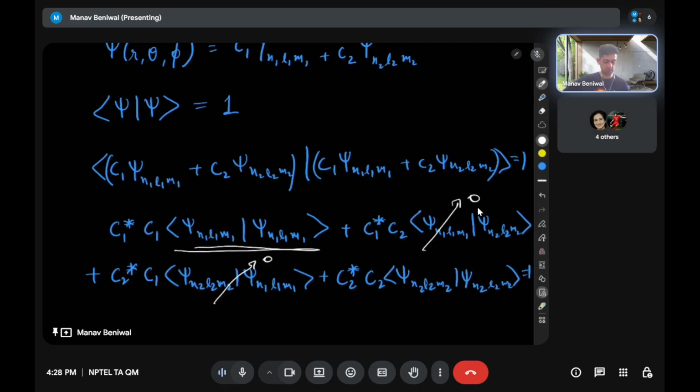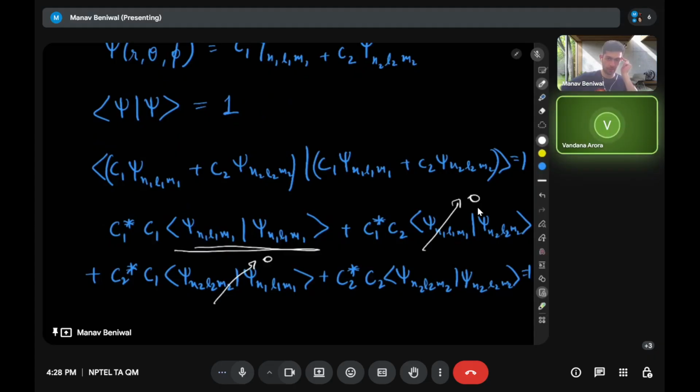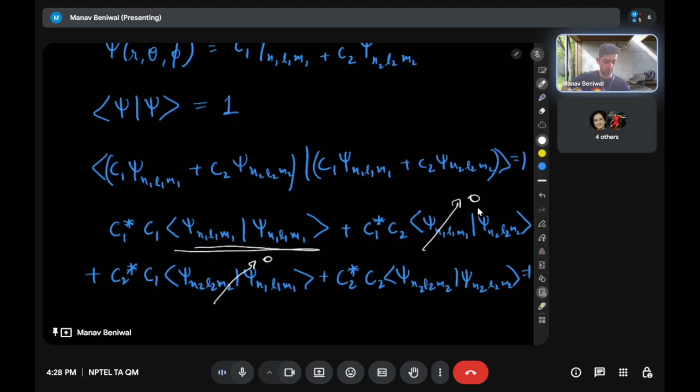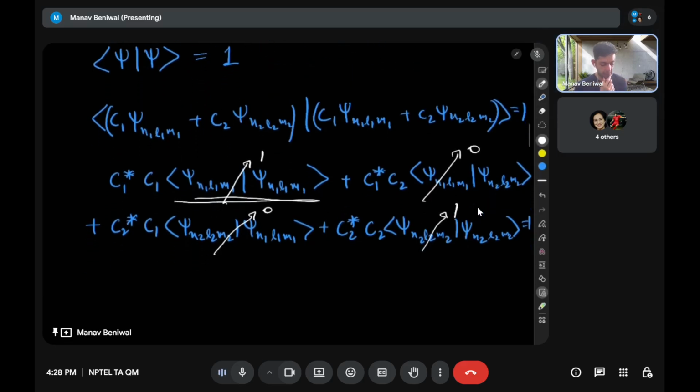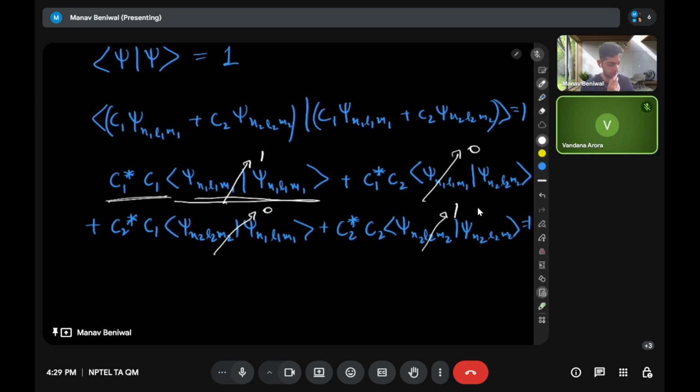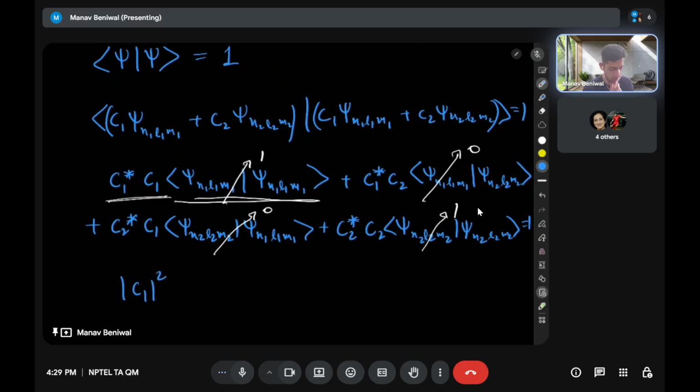What about the first and the fourth term? Normalized wave functions, this is 1 and this is also 1. Yes, because it is given that they are normalized. So this term goes to 1 and this term goes to 1. Good. And how can we write this thing? c1 star times c1? Mod c1 square. Exactly. So this becomes mod c1 squared, and this becomes mod c2 squared. Other terms are 0, right?